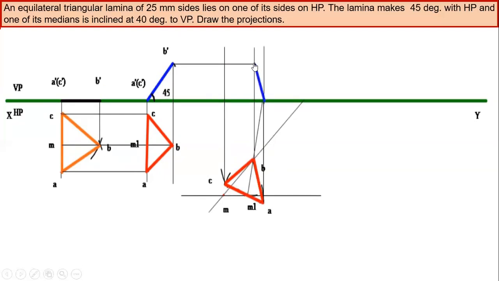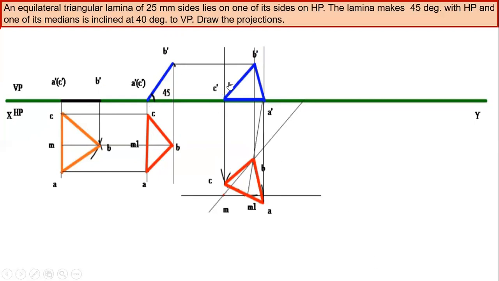B with B dash, this is point B dash. And C with C dash, point C dash. Connect them through visible lines and name them A dash, B dash, and C dash.